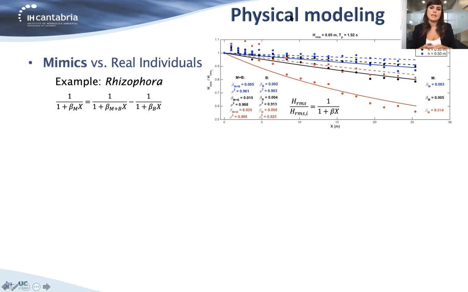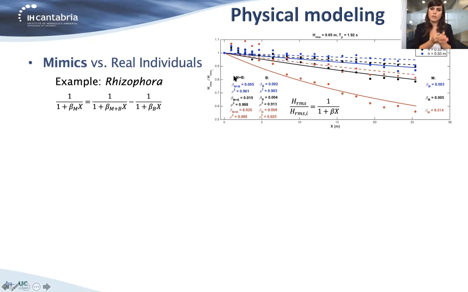Here you can see an example for one of the tested conditions, the hydrodynamic conditions, and the 3 different water depths, the 3 colors, for the empty flume, the dashed lines, and the flume full of mangroves, the solid lines. That means that 2 beta coefficients were obtained for each test.